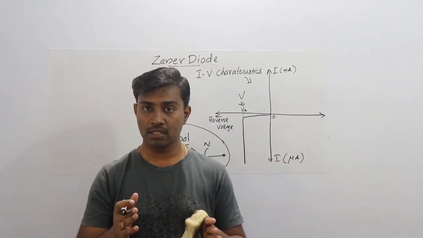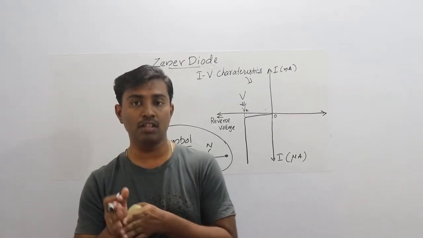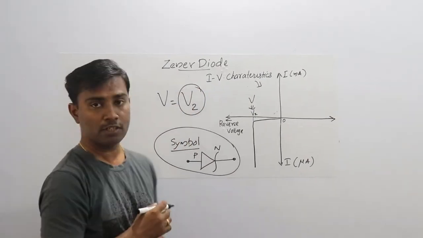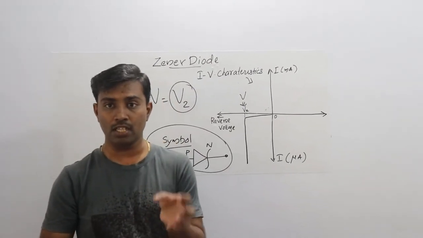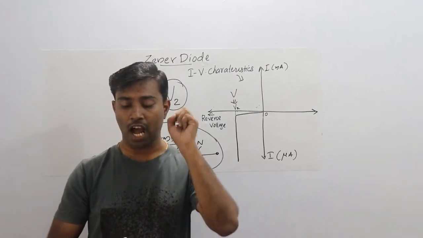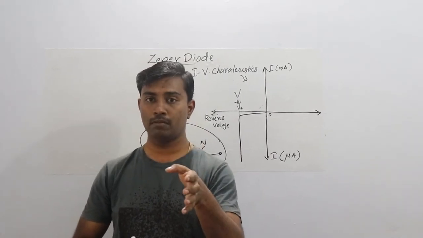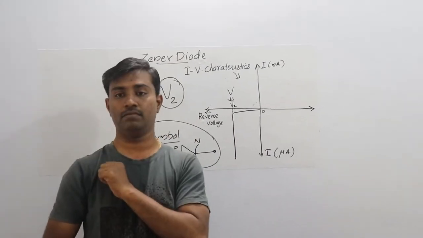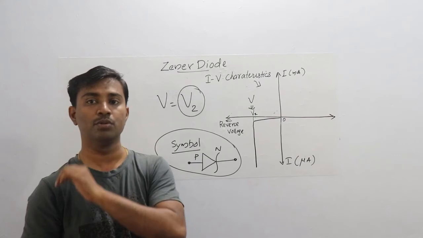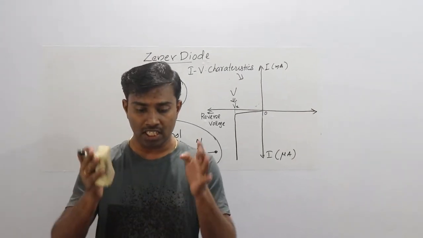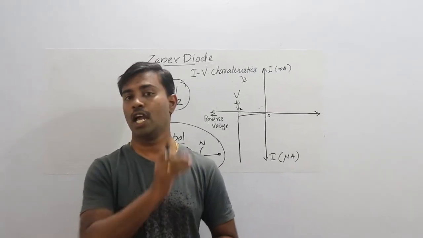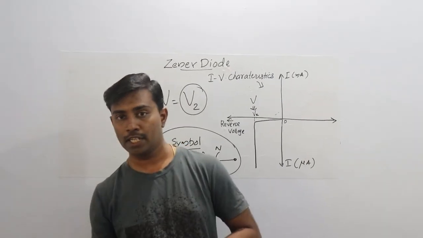When the reverse bias voltage is equal to the breakdown voltage, that is V equal to Vz, the Zener voltage, the electric field in the depletion region is high enough to pull electrons from the P region to the N region.